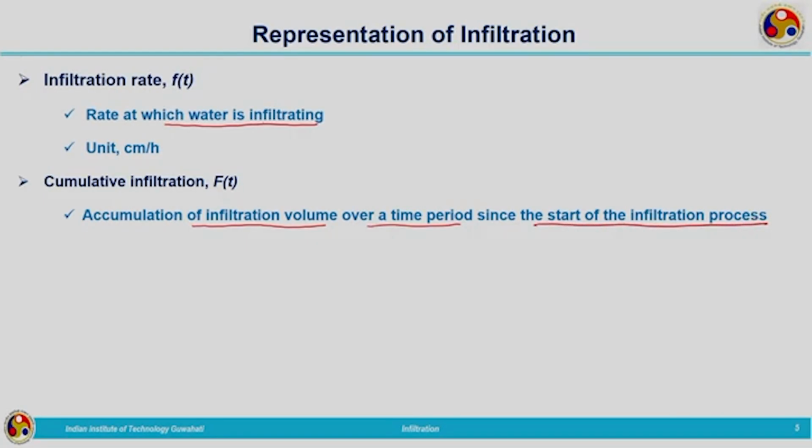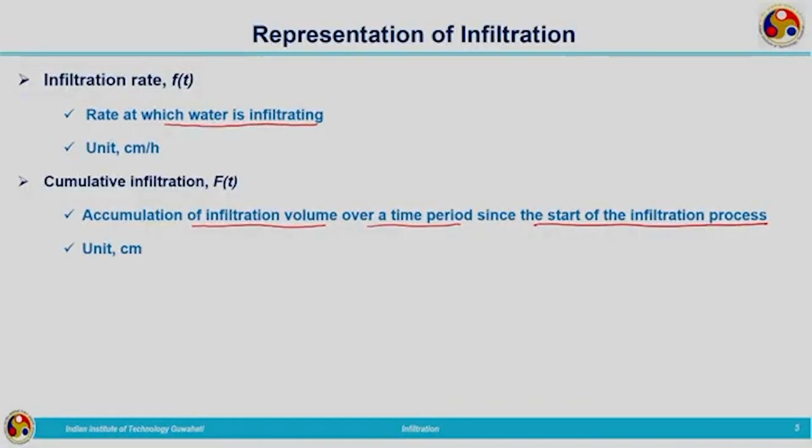Within a particular interval of time, how much water has infiltrated into the ground is the cumulative infiltration. The total amount of water infiltrated is represented by the cumulative infiltration, in centimeters, a length unit.